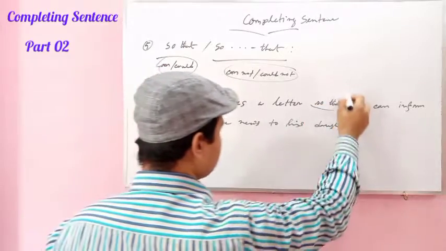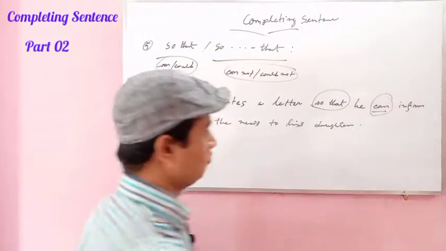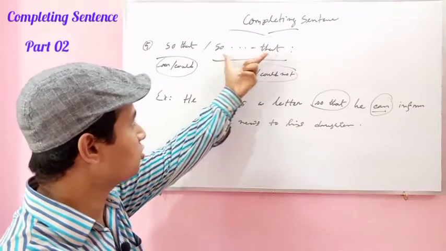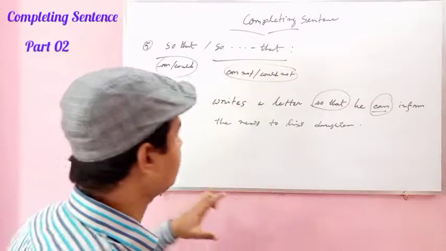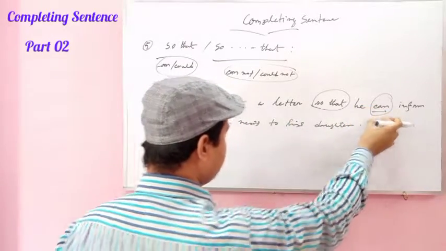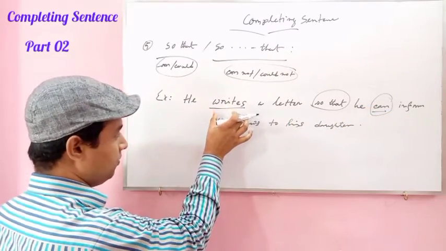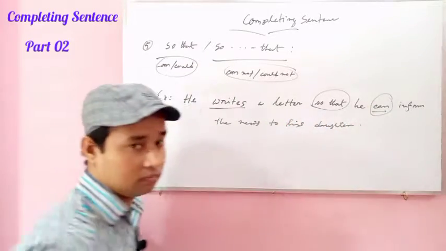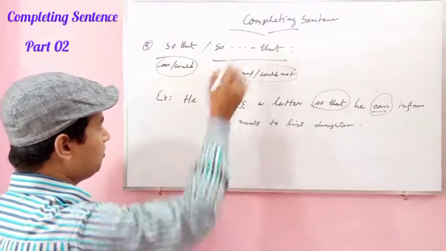So after so that you use can, but when you find so...that, you must use cannot or could not. This is present form, so you will use can. When you use V2 format, that means he wrote a letter, then you will give could. Clear?